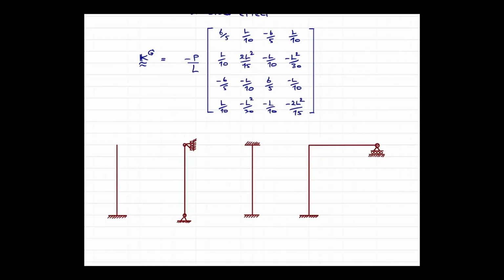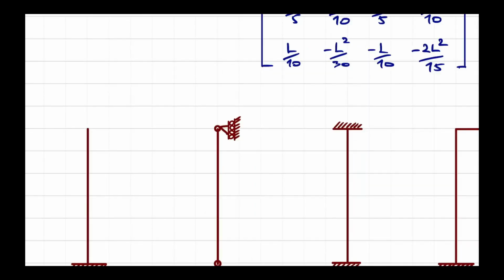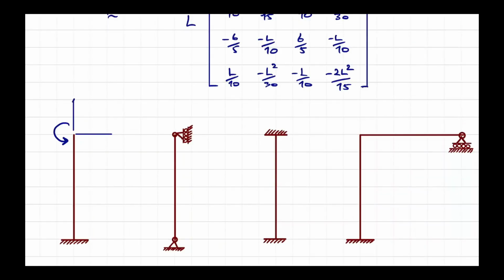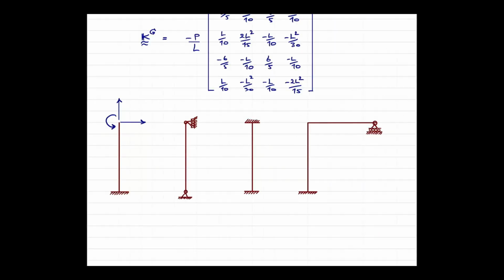Okay, so the first system here, we could have the 3 degree of freedom, but the degree of freedom that takes care of the axial deformation actually is not necessary, because it is not giving us any information about buckling load. You can just get rid of it.